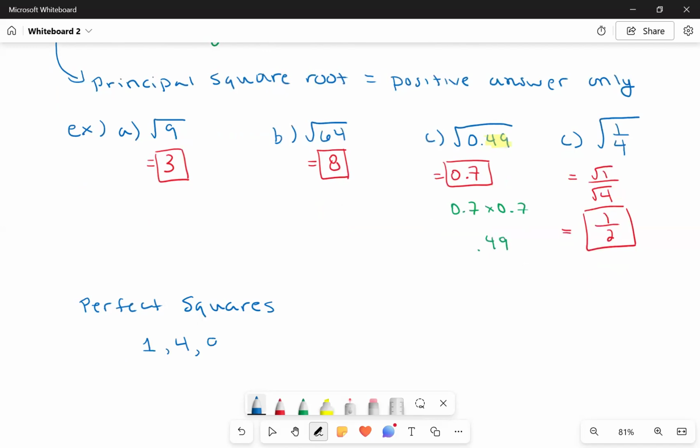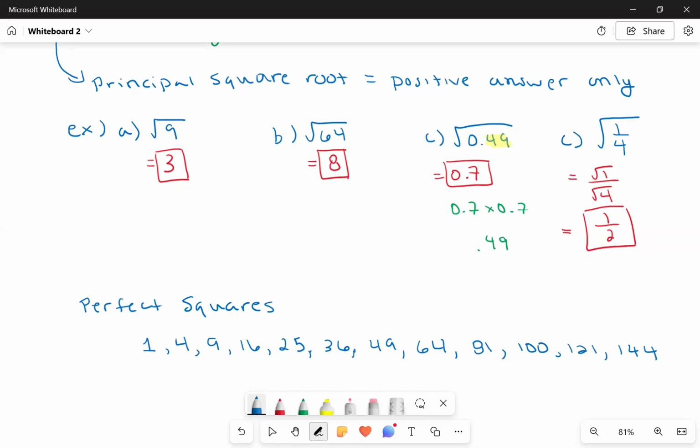Then 9, 16, and if you want to pause the video and finish writing them, 25, 36, 49, that's 7 squared, 8 squared is 64, 9 squared is 81, 10 squared is 100, 11 squared is 121, and then 12 squared is 144. And there we go. Those are the perfect squares you are expected to know.